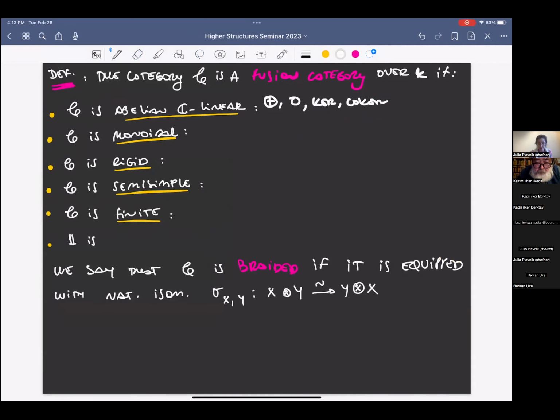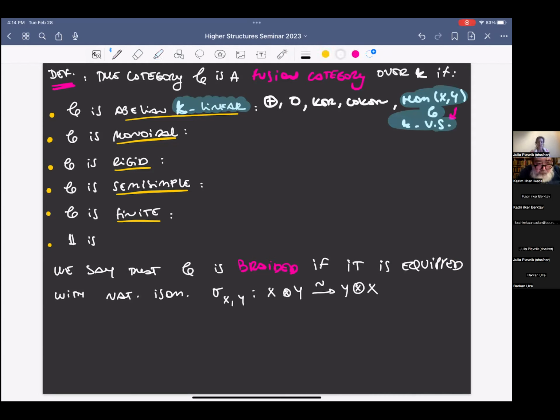And the other thing that I will ask is that my category is K-linear, which was the first condition that I wrote. The Hom spaces in my category will not only be sets, they will be vector spaces over the field. And this is the K-linearity. So the spaces of morphisms in my category are vector spaces, so that's nice.